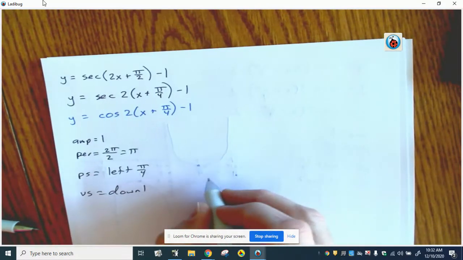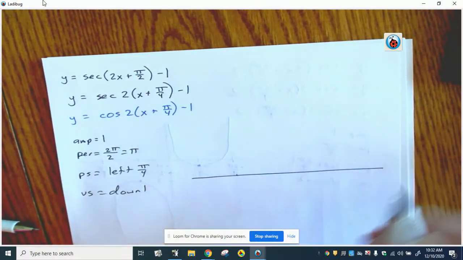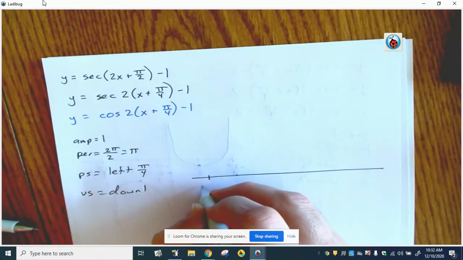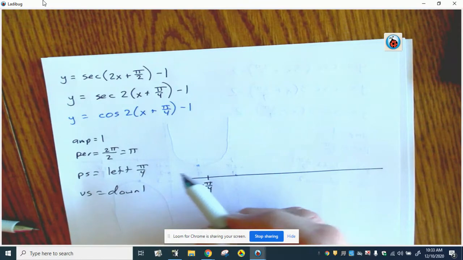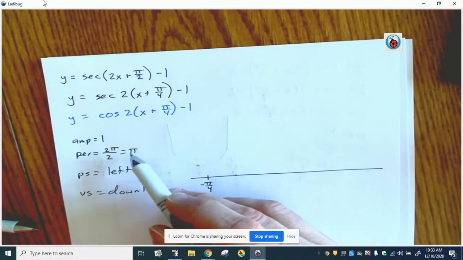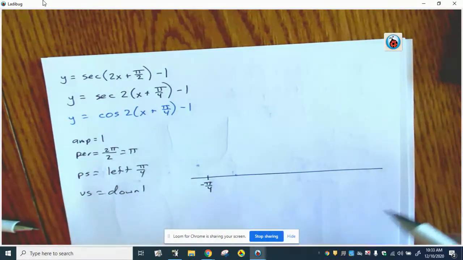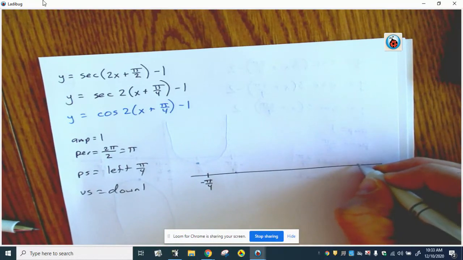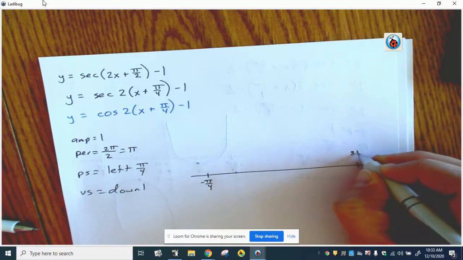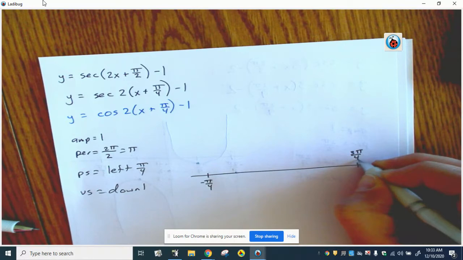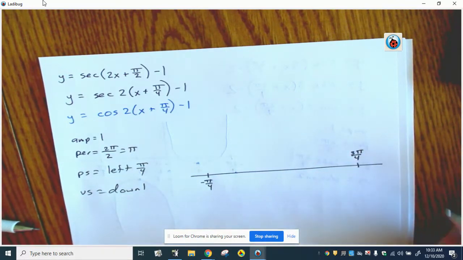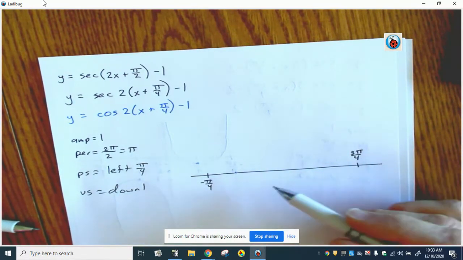So here's another way I like to do this. I'm going to go left, pi over 4. I'm going to add my period. -1/4 plus 1 would be positive 3/4. Let me put it up here. Okay. Notice I haven't put my y-axis in yet.